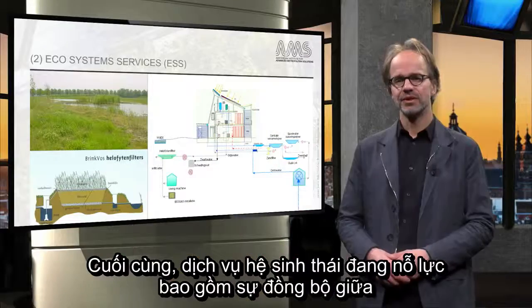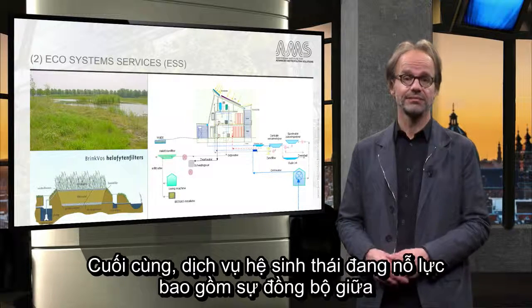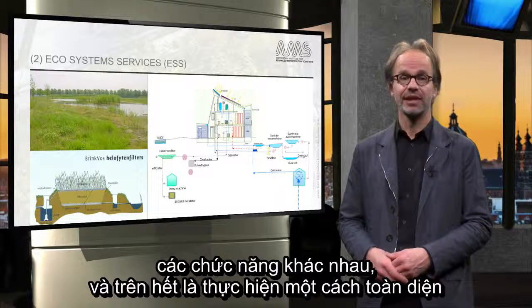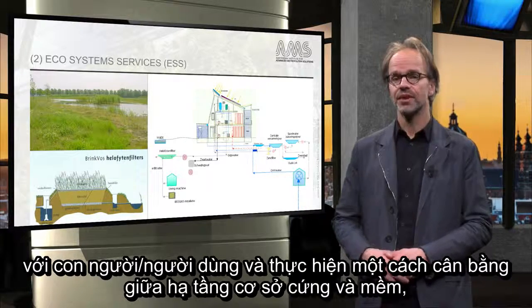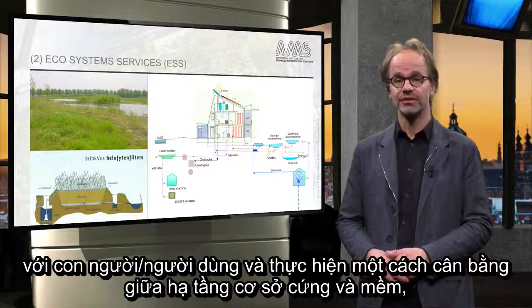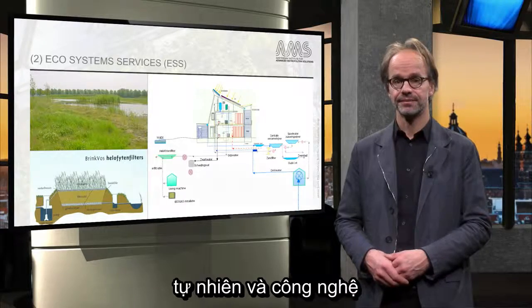In the end, ecosystem services is all about trying to include synergism between different functions and above all to do so in an inclusive way with people, users, and to do so in a balanced way between soft and hard infrastructure, nature and technology.